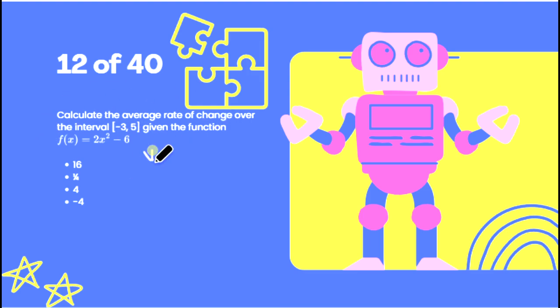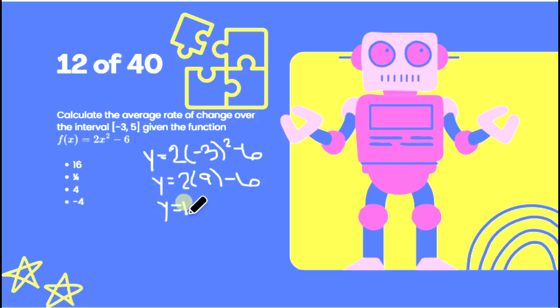So we're going to say y is equal to 2 times our first x value, negative 3, squared, minus 6. PEMDAS says we do parentheses first, so we have y equals 2 times negative 3 times negative 3 becomes positive 9, minus 6, which gives us y equals 18 minus 6, which means y is equal to 12.